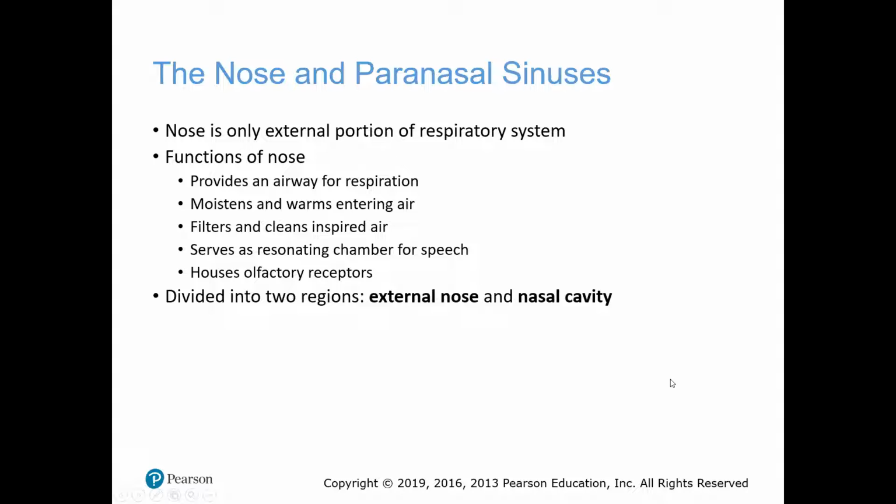Our nose is the only part of the respiratory system that we can see, believe it or not. Everything else is internal. The nose has a lot of functions for us. It is the beginning of our airway. It's designed to bring air in and to clean it. Those nose hairs have a reason: they trap dust and dirt particles.